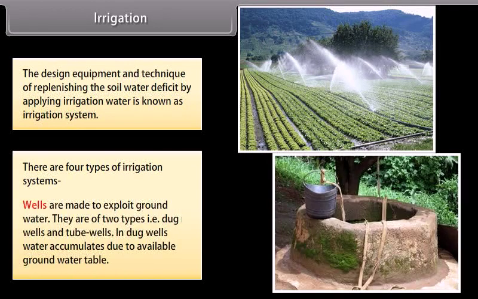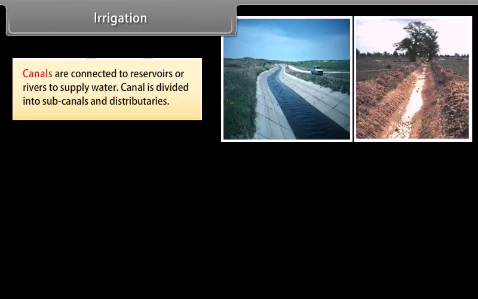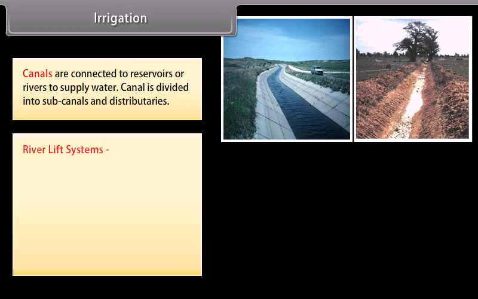Wells are made to exploit groundwater. They are of 2 types, that is, dug wells and tube wells. In dug wells, water accumulates due to the available groundwater table. Canals are connected to reservoirs or rivers to supply water. Canal is divided into sub-canals and distributaries. River lift systems.